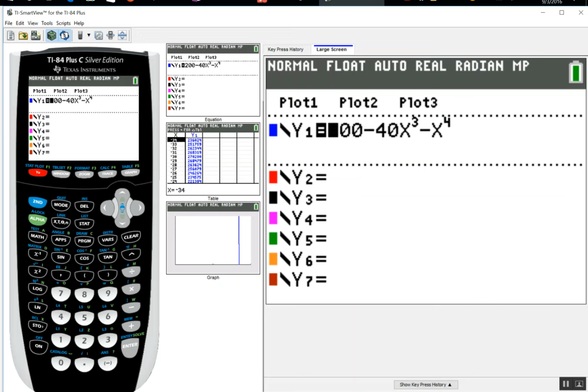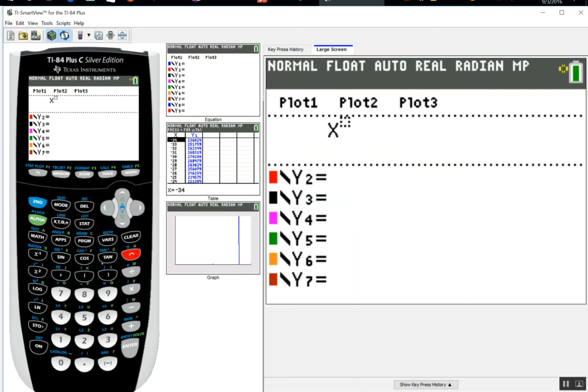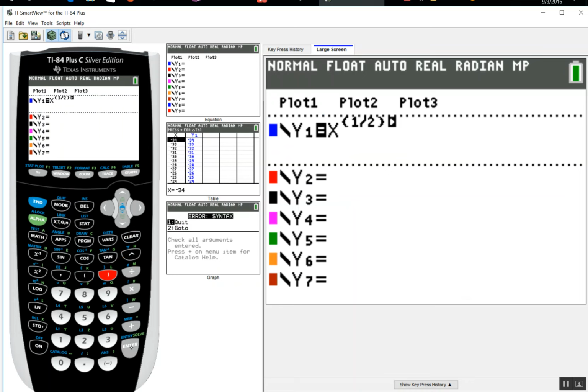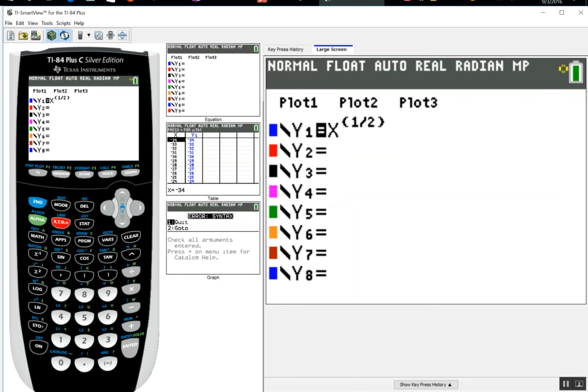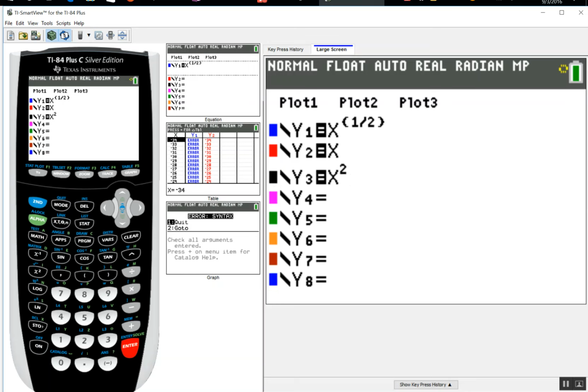Let's clear that, and put x to the 1/2 in here. Let's put x in here, and let's put x squared in here, and see what this graph looks like.